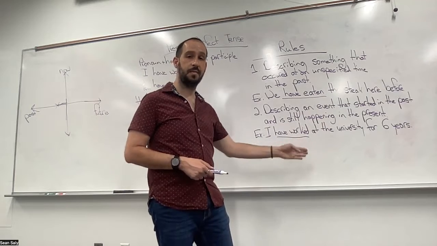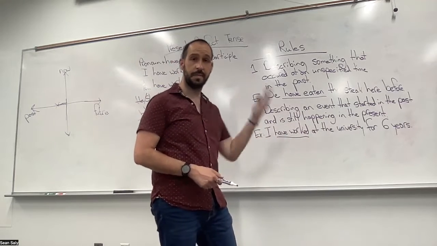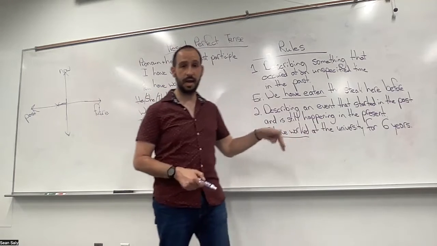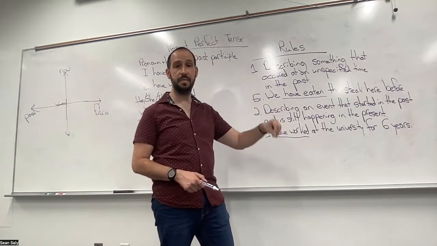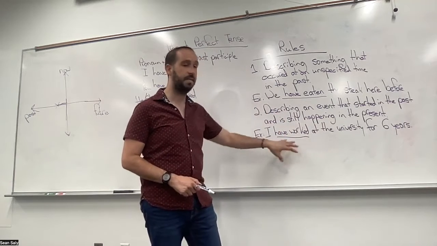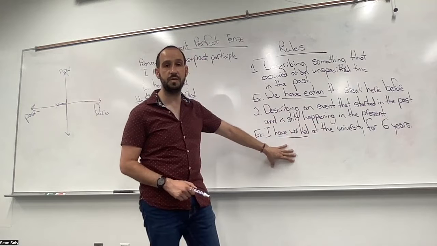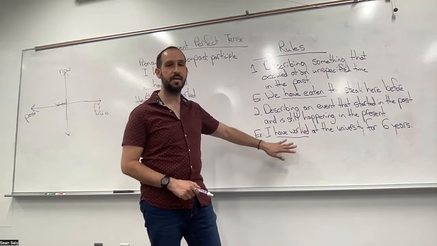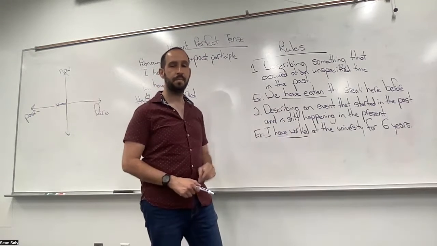So what does that mean? It means that 6 years ago in the past, I started working at the university, and today I am still working at the university. So that is the basic, most used form of the present perfect tense.